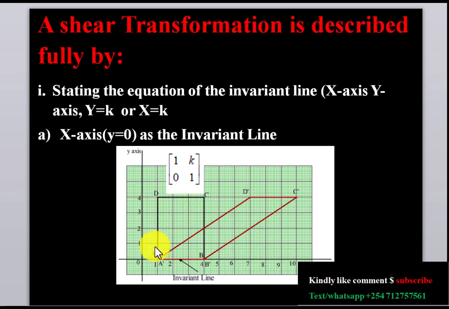We have a rectangle here that has undergone a shear transformation into this shape, and kindly note that in this case the x-axis is the invariant line. We have points on the image that seem not to be moving, but on the other side the points that are not on the invariant line are moving in a direction that is parallel to the line we are calling the invariant line. So this is the x-axis, or y equal to 0, as the invariant line.